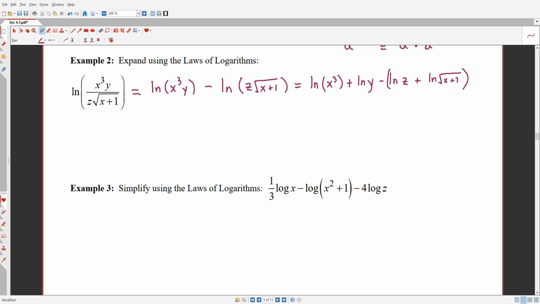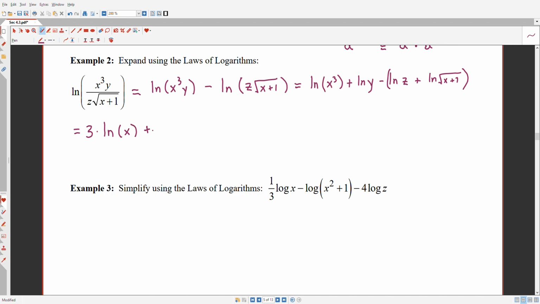In fact, there's even more simplifying we can do. That natural log of x cubed, one of the rules we just quickly reviewed that you might start to feel familiar from algebra, is that power rule. The natural log of x times x times x, of x to the third power, we can bring the 3 down out front and leave the x in there.